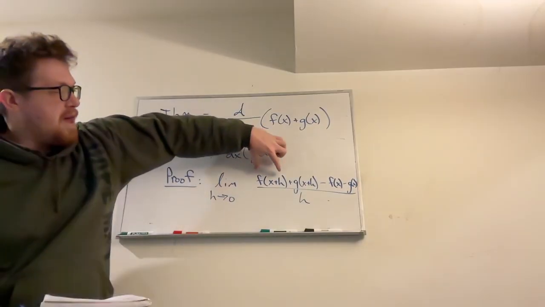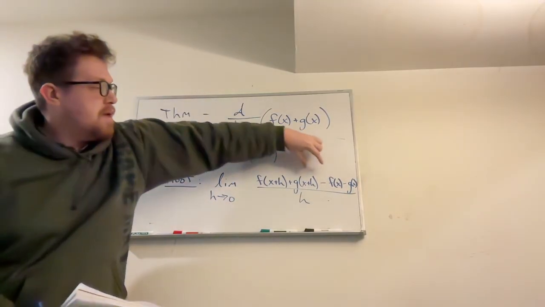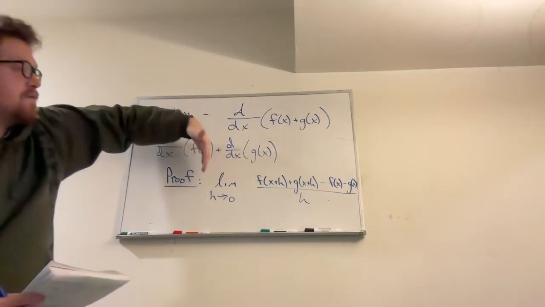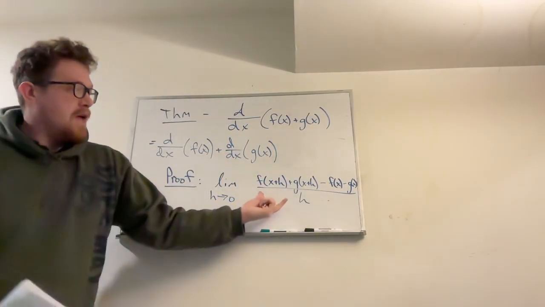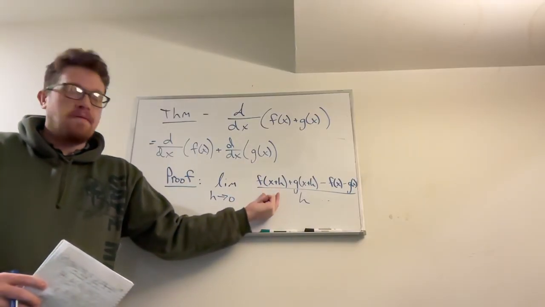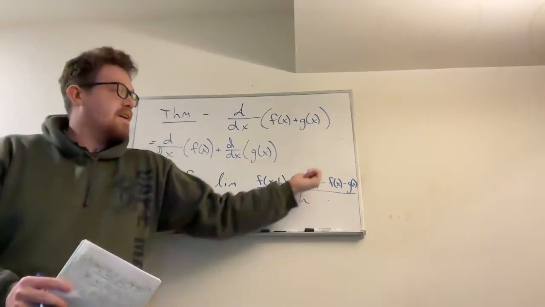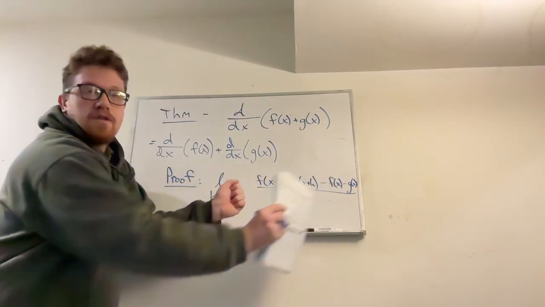You can pull the f of x plus h here, minus f of x here. You can pull that over, divided by h, and separate this into two fractions. And if you separate the f's from the g's, you'll see that the first fraction is the derivative of f, and you're going to be adding the derivative of g, and you're just going to separate this into two terms.